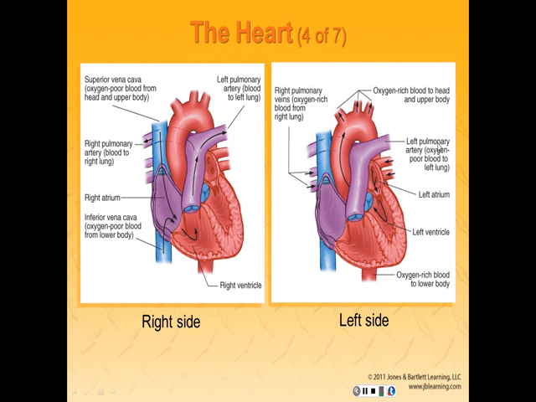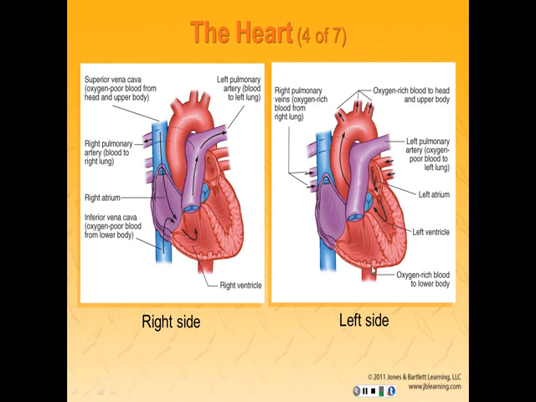As the blood is returned through the pulmonary vein, it comes back into the left atrium and then to the left ventricle and is then pumped out the aorta. And off these three vessels, these two carry oxygen-rich blood, or all three of them, to the head and upper body as well as the coronary arteries.